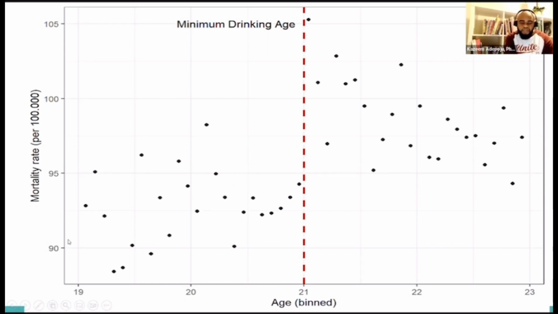This is the mortality that occurs before the drinking age of 21, this is the way the relationship is, and this is the relationship between mortality and age over 21. The idea of a regression discontinuity design comes in because we have a threshold.